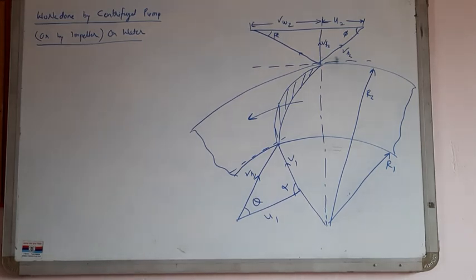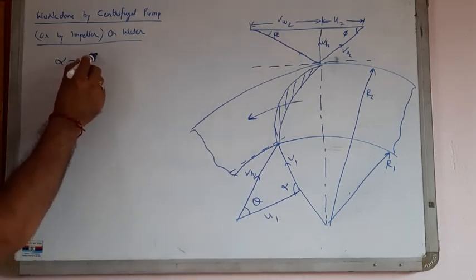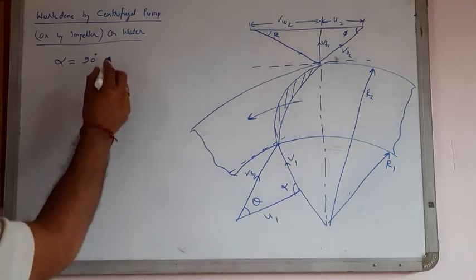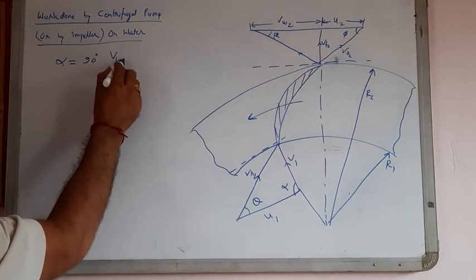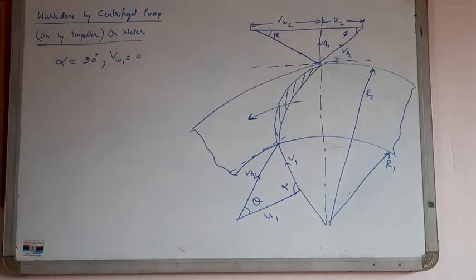Hence, angle alpha equal to 90 degree and VW1 equal to 0. For drawing the velocity triangle, the same notations are used as for the turbine.